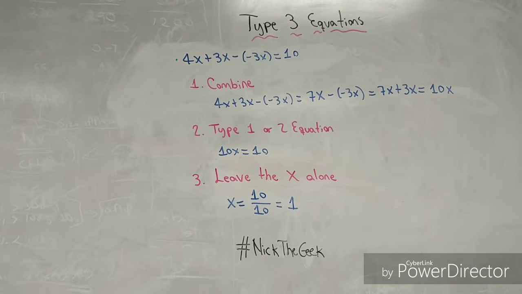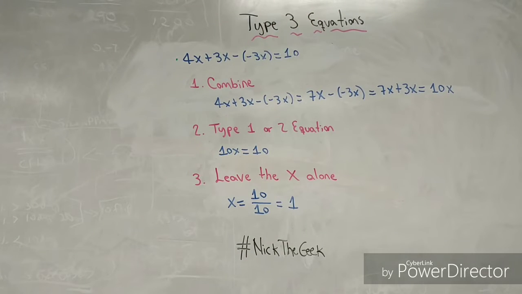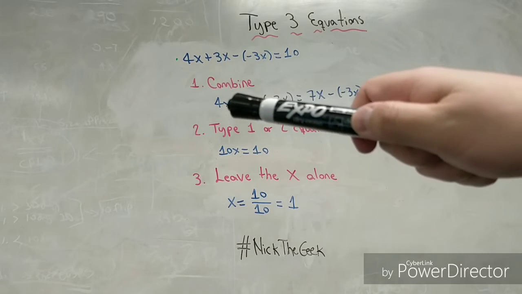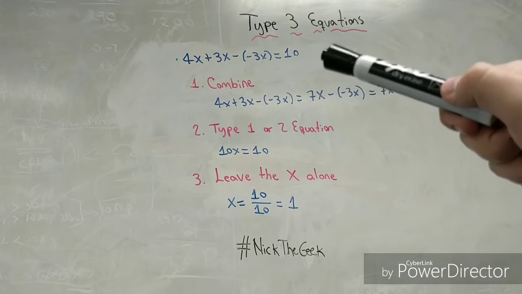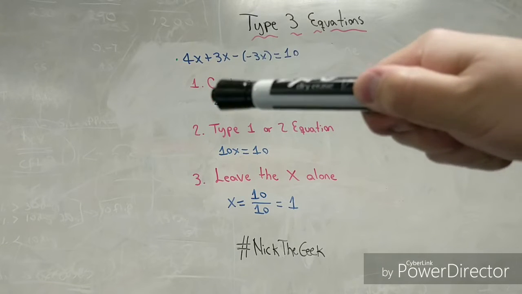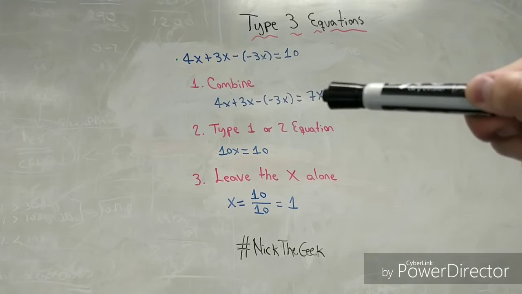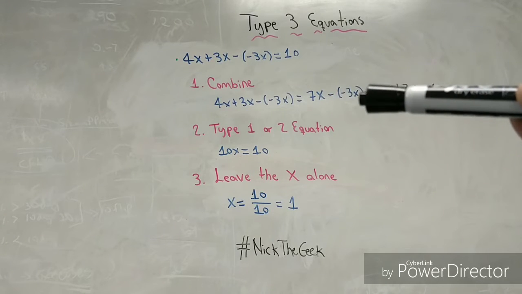As a second example, we're going to solve this equation: x plus 3x minus 3x will be equal to 10. The first step is to combine. So for x plus 3x minus 3x, we're going to do it by chunks. We know that x plus 3x, 1 plus 3 is 4, and x remains, so 4x plus 3x, 4 plus 3 is 7, and x remains, so 7x minus 3x.